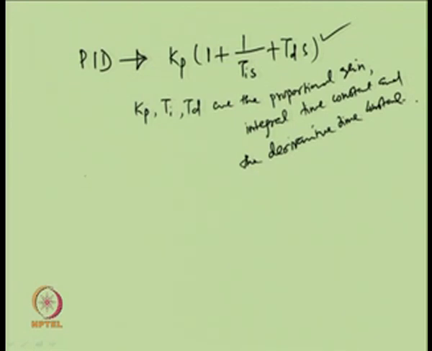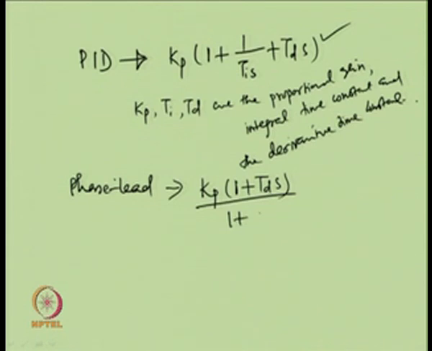What are those phase lead type of controllers? The phase lead controller transfer function can be given by Kp (1 plus Td s) upon (1 plus alpha Td s), where alpha is less than 1.